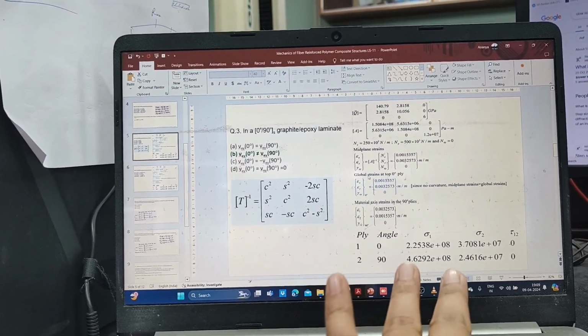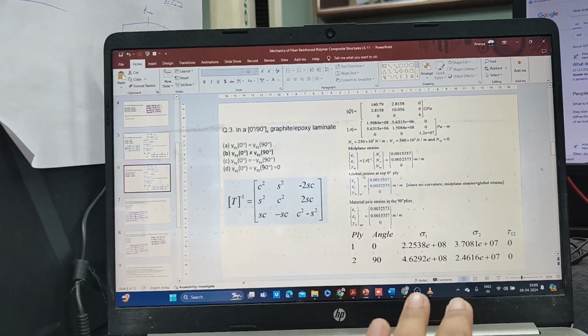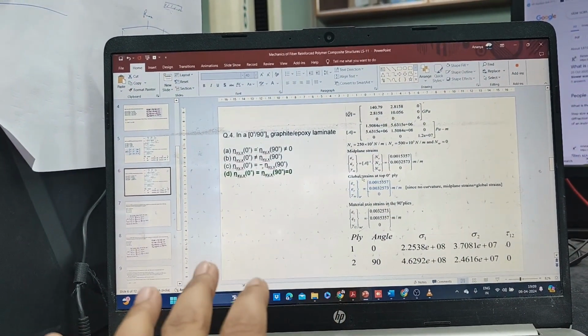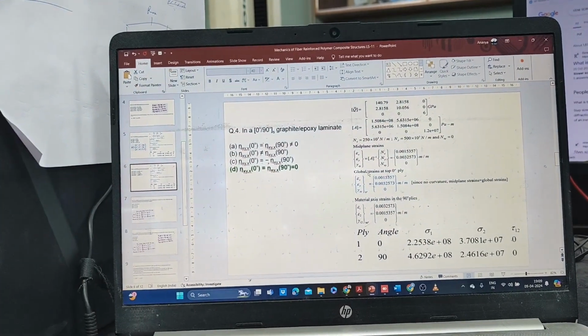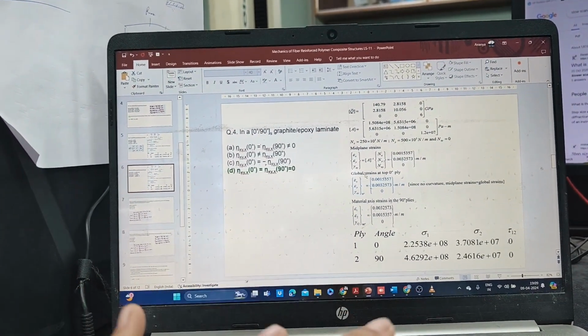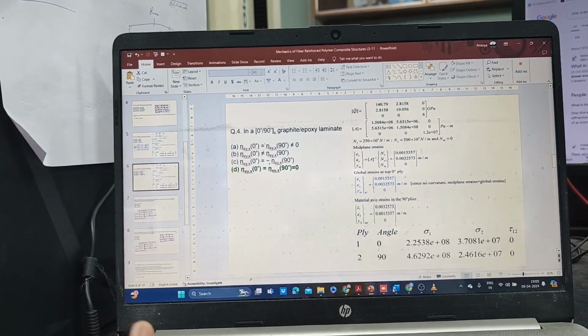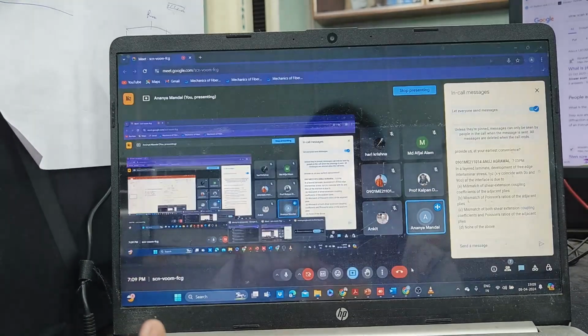So there is a mismatch in the Poisson ratio, and the shear extension coupling values are equal to 0 and equal to 0. So from these two conditions, you can answer the question they have asked.